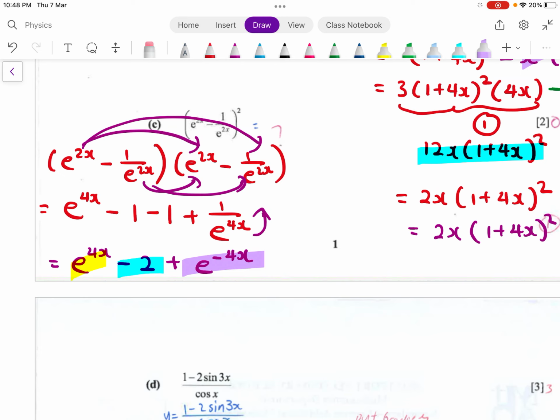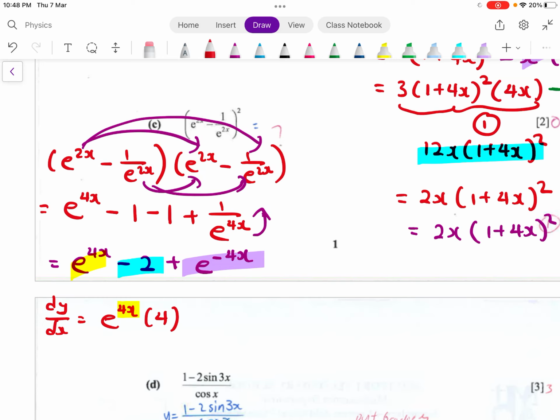Okay, so let's differentiate the e^(4x) first. dy/dx is equal to, when you differentiate an exponential, always remember, copy whatever you see first, so e^(4x). Then what should we do? We should differentiate the power, which means you differentiate 4x, so you will get 4. The second term, differentiate the constant, it's gone.